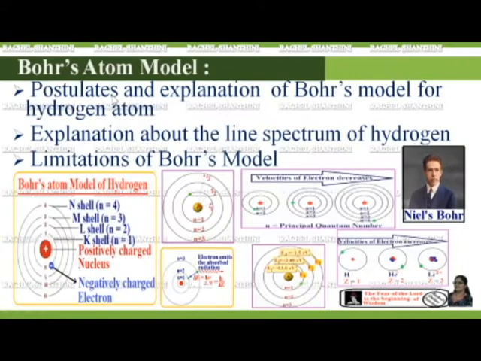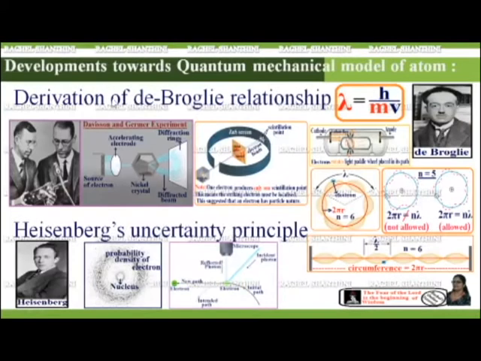In session 2.5, we have discussed the postulates and explanation of Bohr's atomic model for hydrogen atom, line spectrum of hydrogen atom, and limitations of Bohr's model. In session 2.6, we have discussed the two developments, that is de Broglie's relationship and Heisenberg's uncertainty principle that leads towards quantum mechanical model of atom.